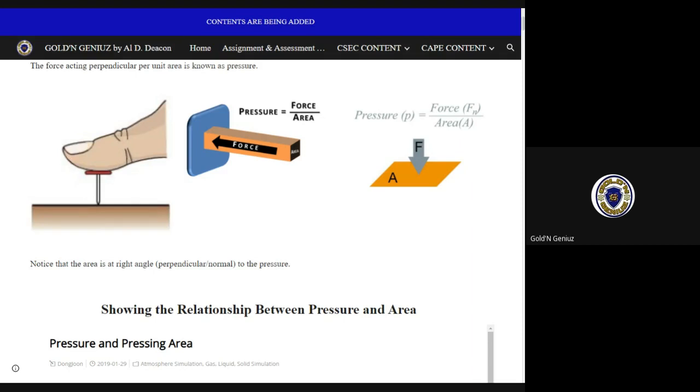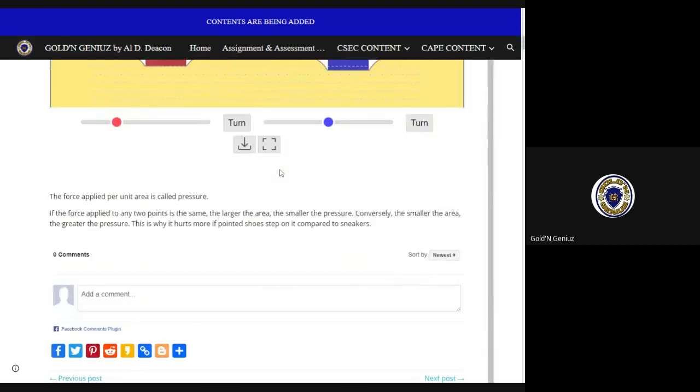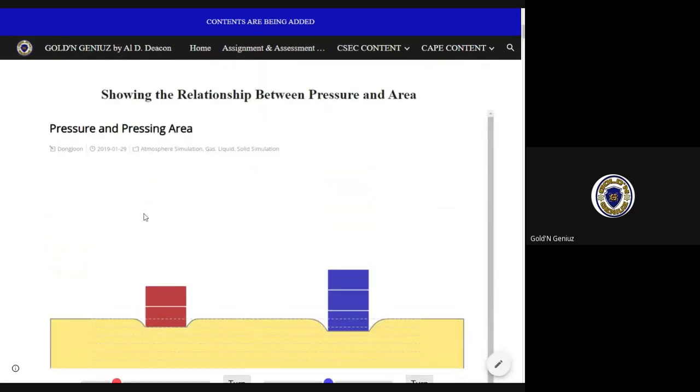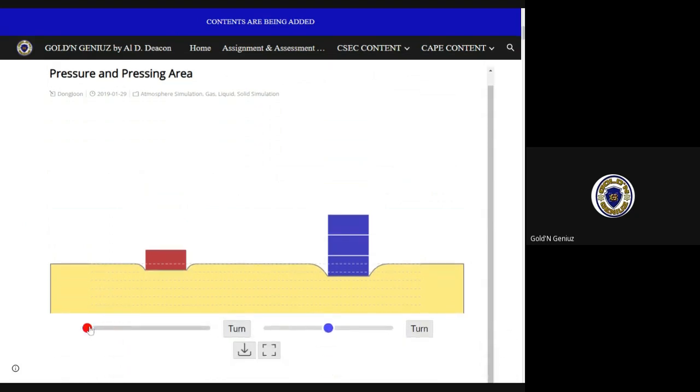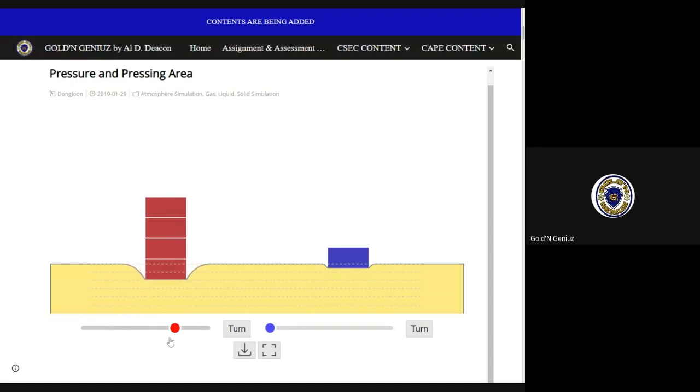I am going to show you the first case. Pressure being directly proportional to force. Remember, W equals mg. Weight is a force. So if I increase these, I'm increasing the force. And you can see the line going down.